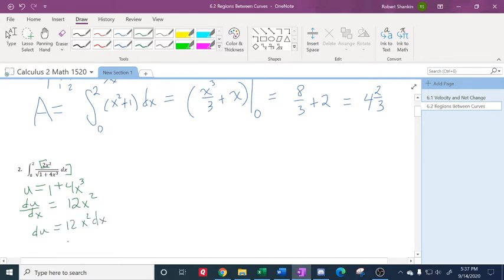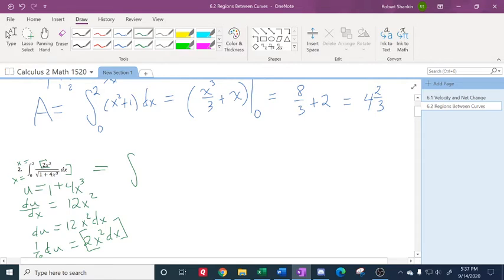Divide both sides by 6, so I match 2x squared dx: 1/6 du. So now this is exactly matching the leftovers up here. So now I can make this integral, and I'm going to rewrite the whole thing without using any x's. So this 2x squared dx is going to get replaced by 1/6 du.